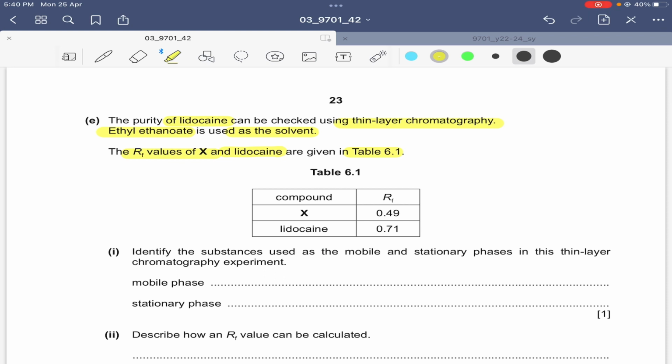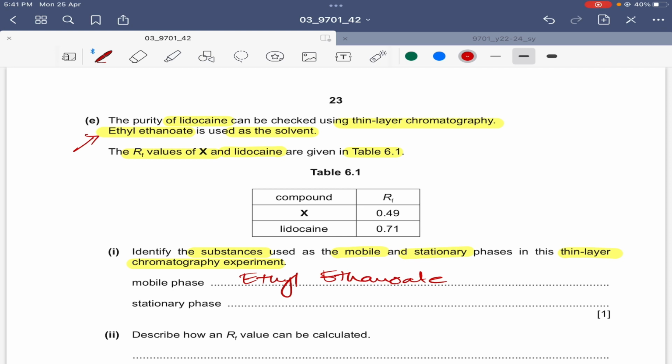Now the question is, identify the substances used as the mobile and stationary phases in thin layer chromatography experiment. So the mobile phase they've already given us. Mobile phase is ethyl ethanoate. Right, mobile phase is ethyl ethanoate, and stationary phase in thin layer chromatography is silica or Al2O3.